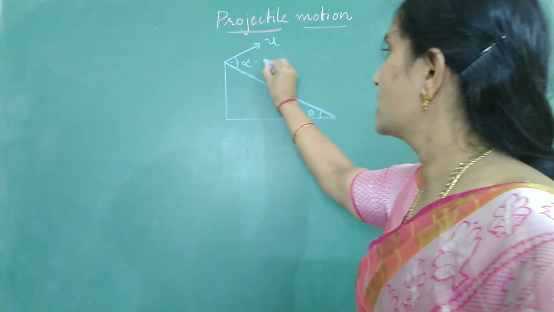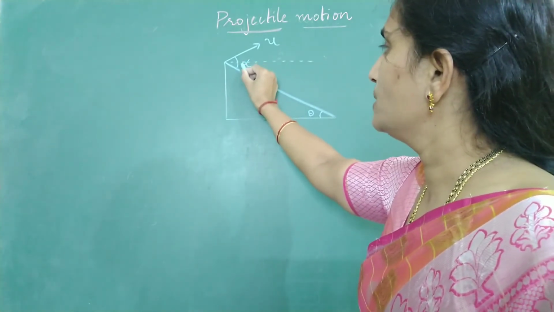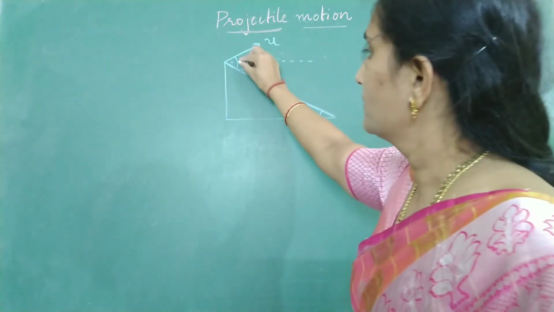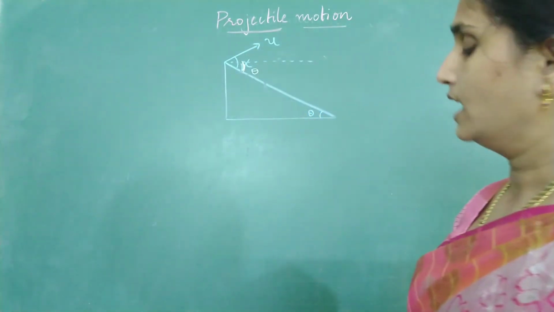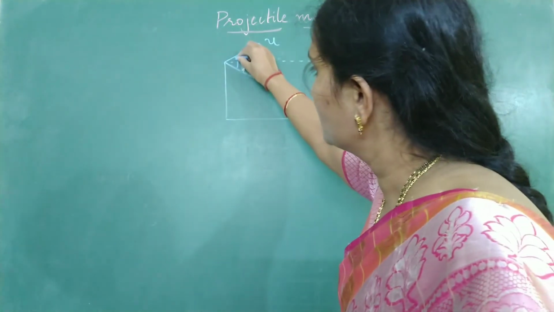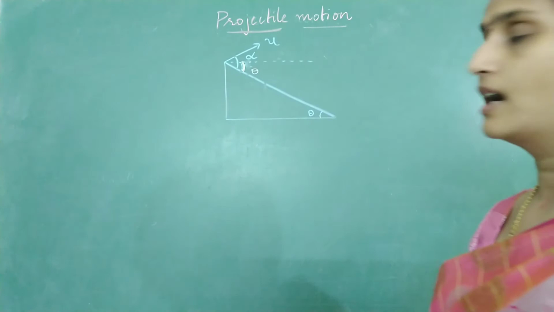If I draw a horizontal line, if this angle is theta, this will also be theta. The down angle is theta, and the total angle of projection with the inclined plane we have taken as alpha.